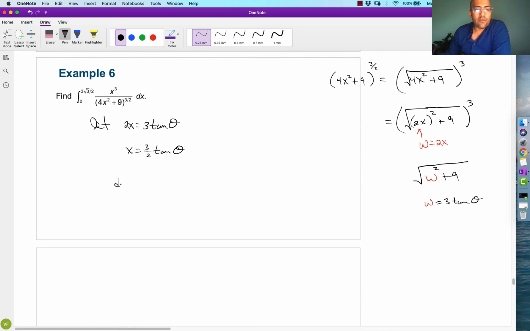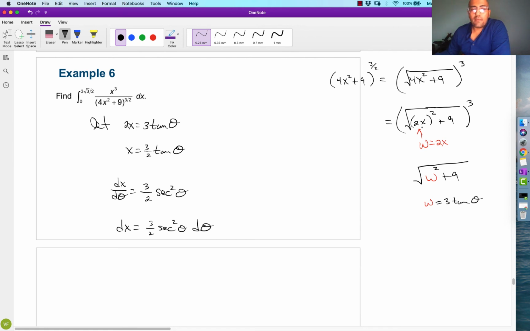And when I take the derivative, dx d theta, that's going to be equal to 3 over 2 secant squared theta. So dx equals 3 over 2 secant squared theta d theta. So I have my dx. And I have the x that goes right into there to raise it to a power of 3. Let's keep going over here so that we can figure out how to simplify this.